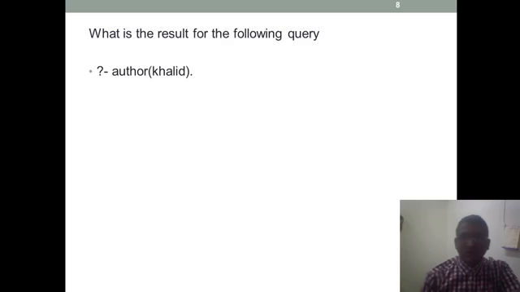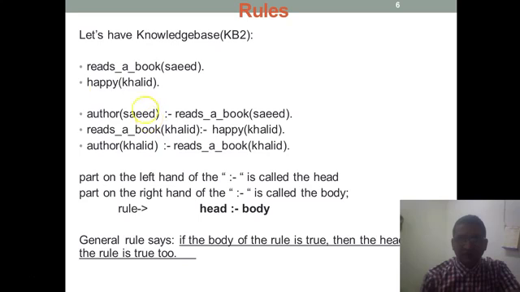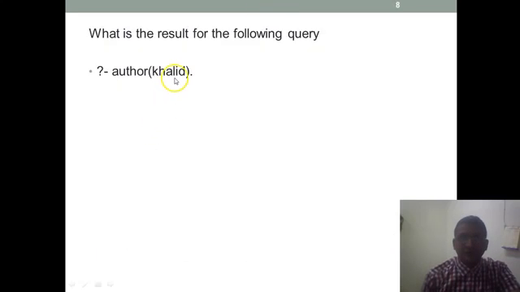So now we look at the query Khalid author, meaning we want to ask Prolog: is Khalid an author? If you look at this knowledge base, we don't have the information Khalid author. So what does it return? It will return true. How will it return true?